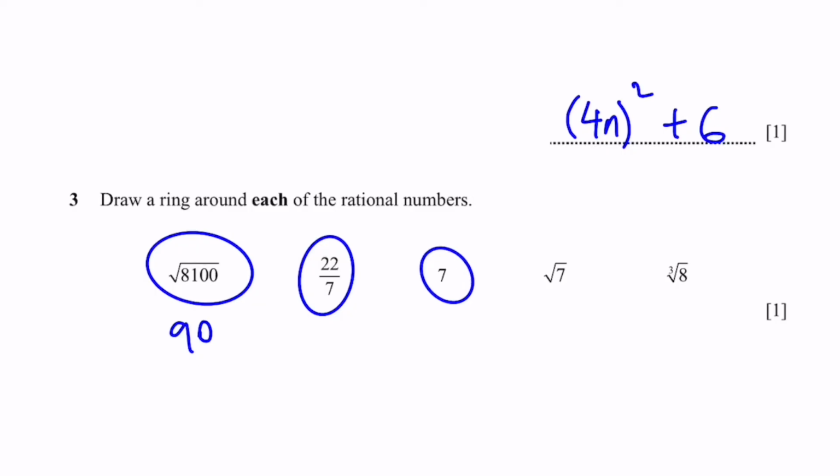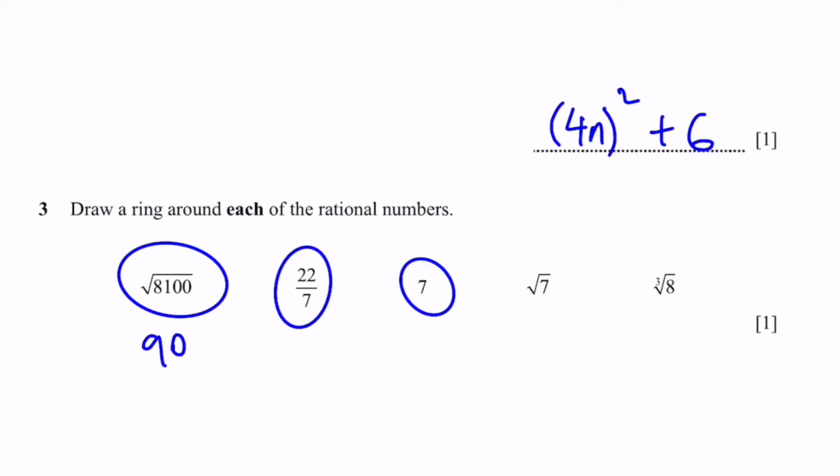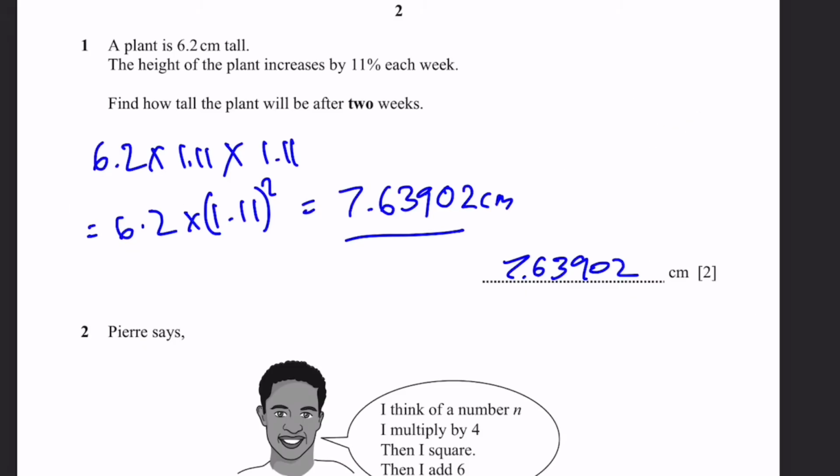The square root of 7 is not a rational number because 7 is not a perfect square, and this will give a non-recurring decimal that continues forever. Now the cube root of 8 actually has an integer answer. It's 2. That's why this is also a rational number. That's the answer.